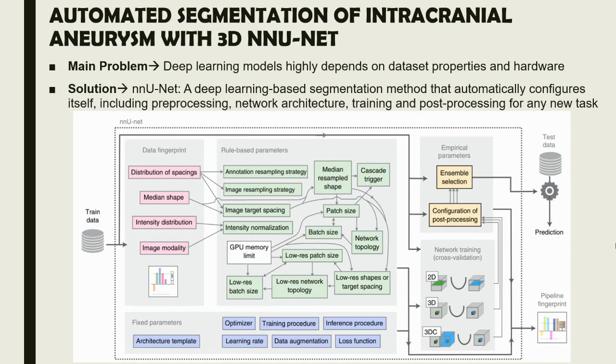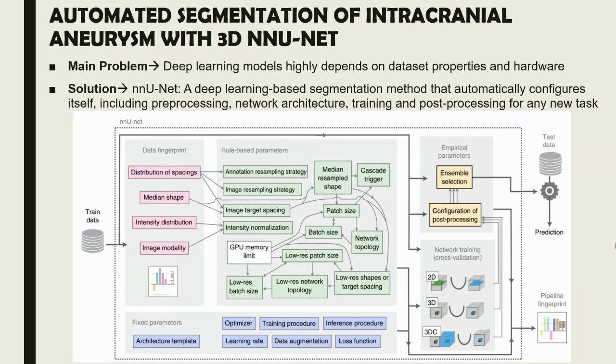The most important part of the nnU-Net is the pre-processing steps, where nnU-Net is doing some important pre-processing, including resampling, image target spacing, and intensity normalization, plus data augmentation.